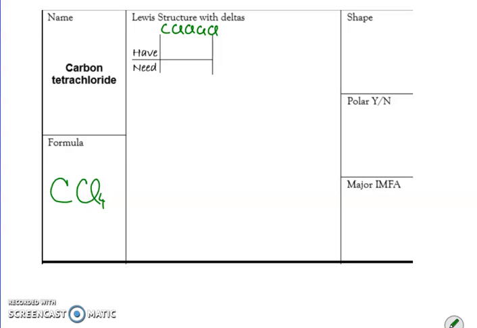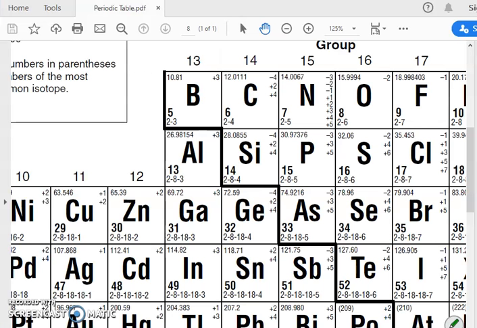We now need to consider how many valence electrons each atom actually has. To do this, you're going to have to look at the periodic table again, and look at both carbon and chlorine. Carbon right here shows 2-4, so carbon has 4 valence electrons, the last number.